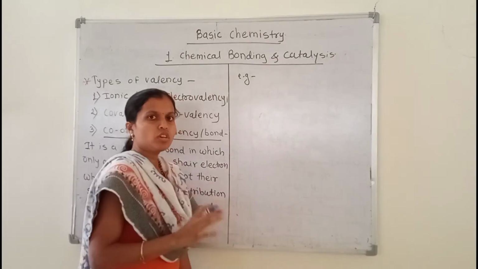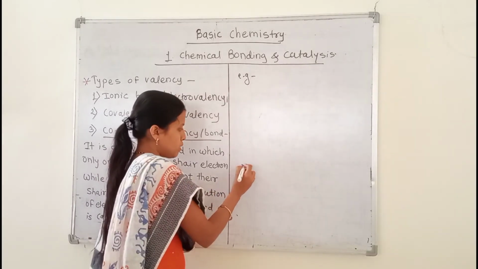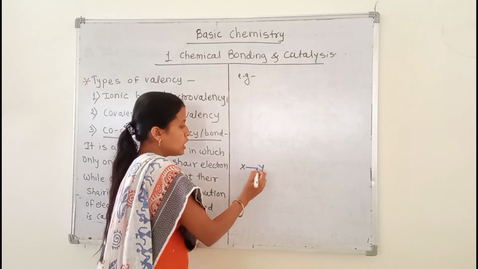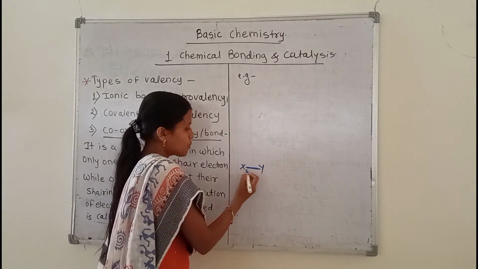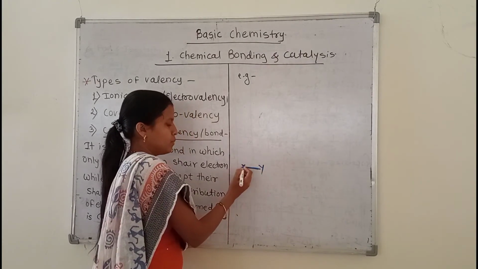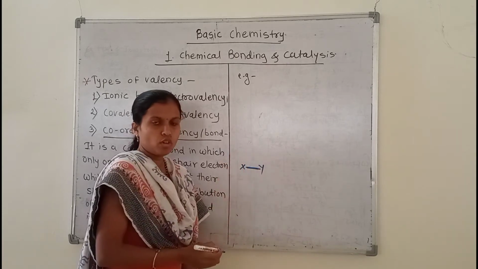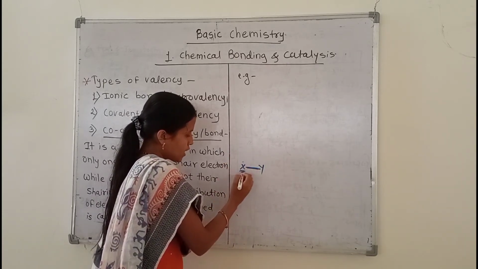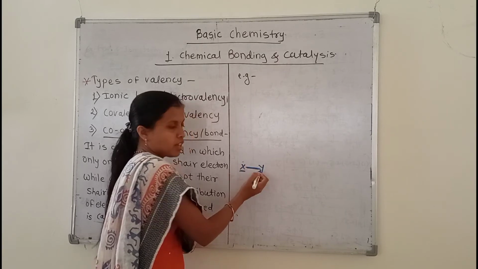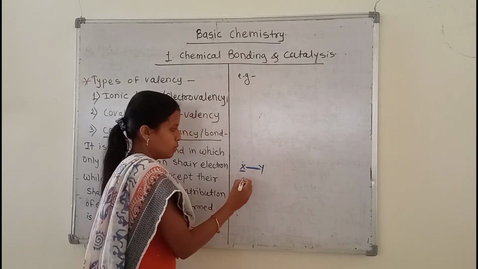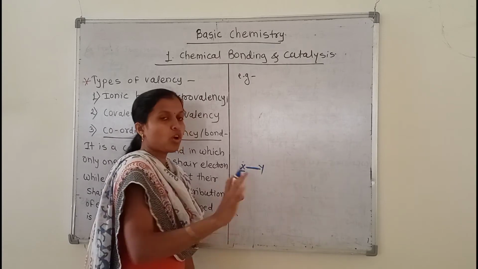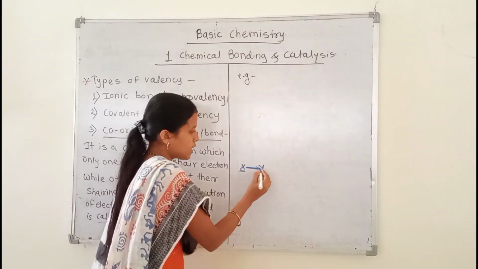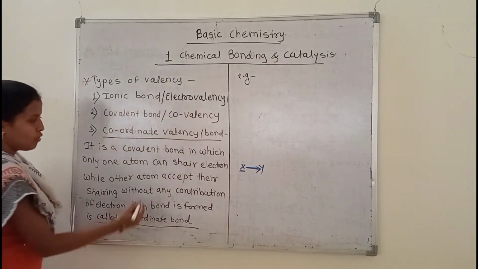We all know a bond is formed between two atoms. For example, between these two atoms. In these two atoms, only one atom shares its electrons with the other atom. For example, only this X atom shares its electrons with the Y atom, and the Y atom does not contribute electrons for the formation of the bond. Then the covalent bond is formed.